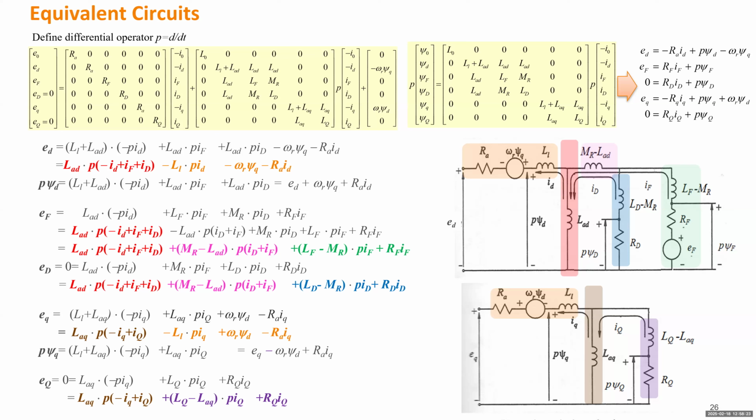We color that branch, so we can add one branch in the equivalent circuit. We just gradually move forward. Eventually, we derive these circuits in the DSs and the other circuit in the QSs, which give us an accurate presentation of the voltage and flux equations. So this will be our starting point for the generator modeling.